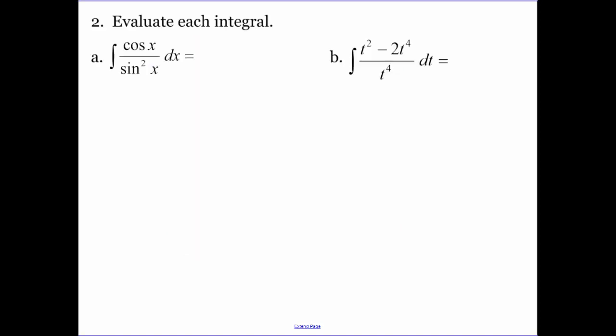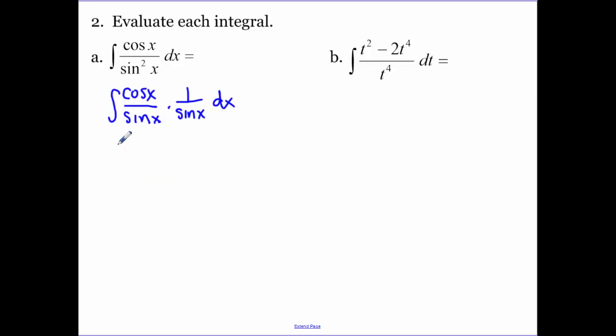Okay, trigonometric integrals. Notice how I've never talked about some sort of quotient or product rule. So I'm going to have to manipulate this into an integral that we're going to recognize. I'm going to manipulate this into the cosine of x over the sine of x times 1 over the sine of x dx.